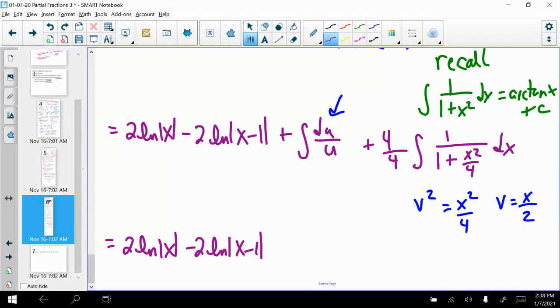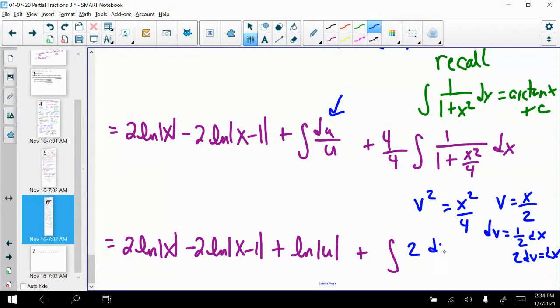Of course, integrating this now to be the natural log of the absolute value of u. We'll fix those variables in a second. 4 over 4 is just 1. Oh, we should probably think about what dv is. dv is going to be 1/2 dx, so 2 dv is the x. So we're going to get a 2 dv over 1 plus v squared.